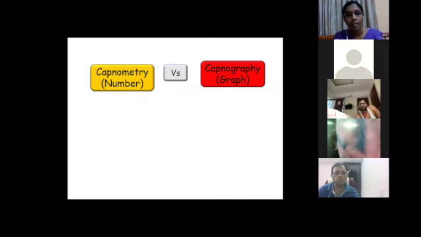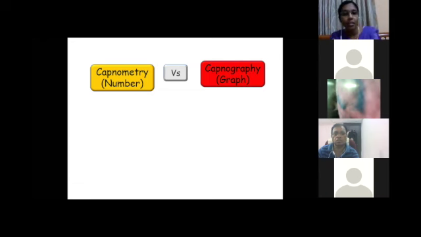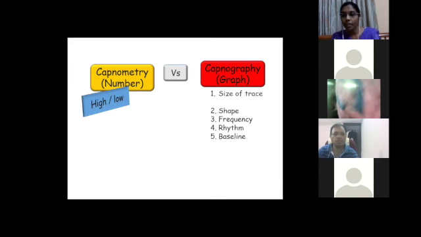Now, whether capnometry is good or capnography is good: is the number enough or do we need a graph? By capnometry, we can just know whether the value is high, normal, or low. The advantage of capnography is that by the size of the trace, we can definitely know the number. Apart from that, from the shape, frequency, rhythm, and baseline, we can get clues as to the cause of this alteration in the number.